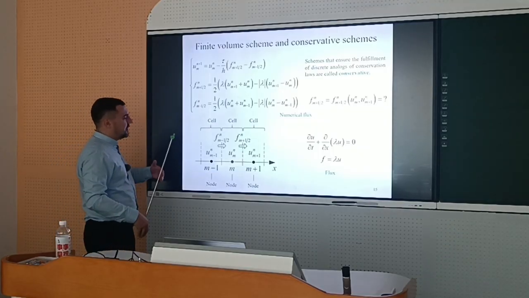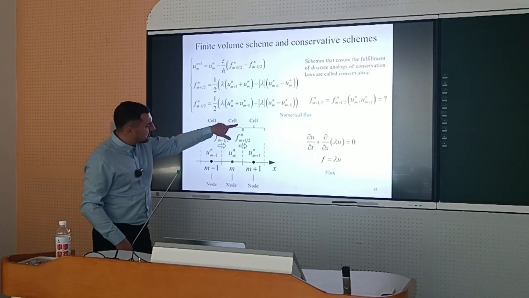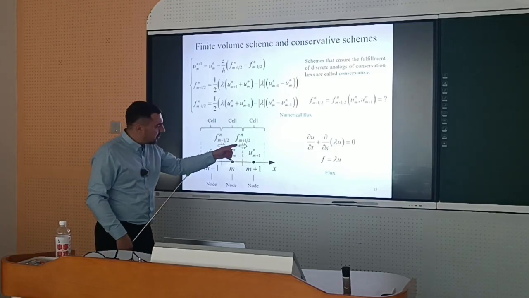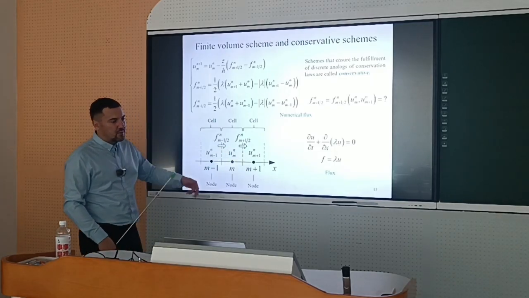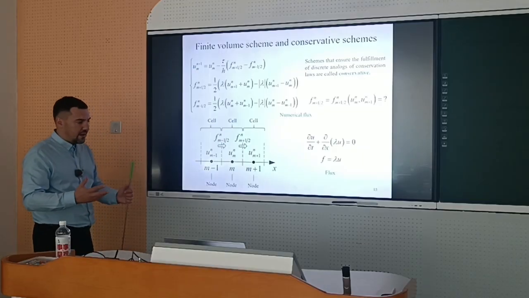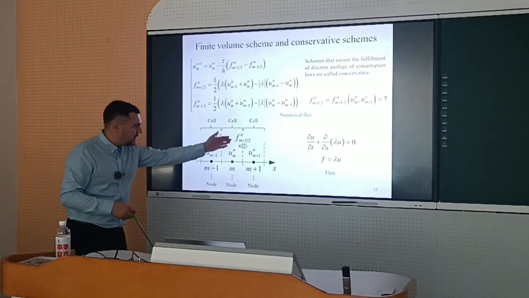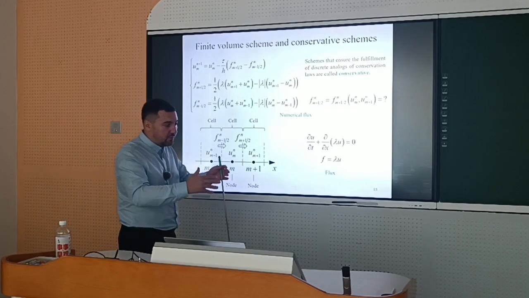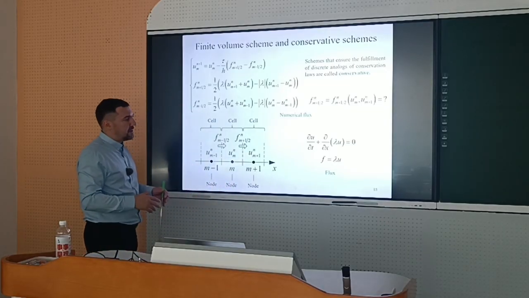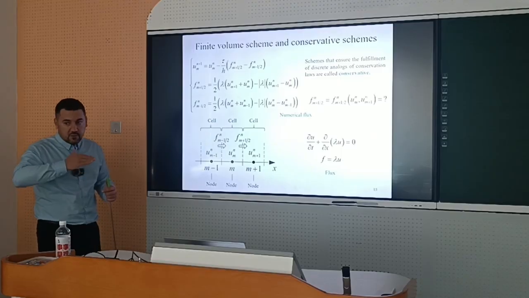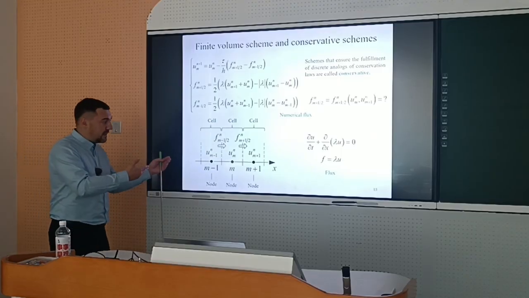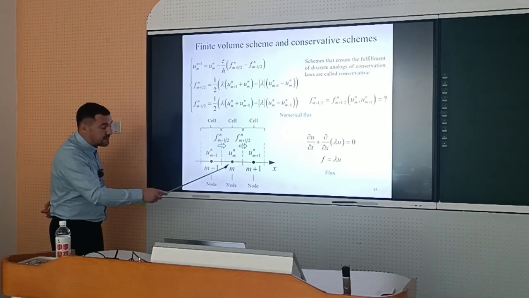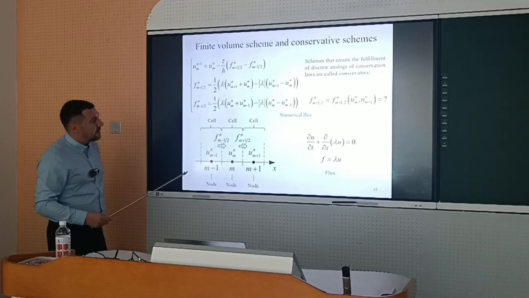And so we introduce the concept of computational cells. Our grid function is defined in the center of a cell, and we have numerical fluxes through the boundary between cells. For sure, a cell is something three-dimensional, right? So these terms, flux, surface, cell, they come from 3D. In 3D we have a computational cell, for example cubic, or a more complex shape, and this cell has edges. But this is the simplification in 1D. So in 1D we have cells and boundaries, or edges, or surfaces between the cells, and numerical fluxes.